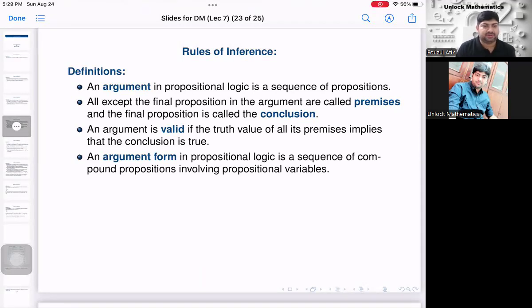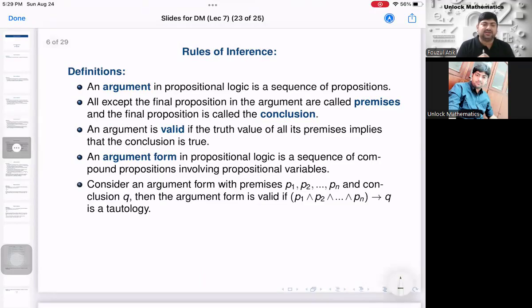I'll show you an example. And then an argument is valid if the truth of all its premises implies the conclusion is true. An argument form in propositional logic is a sequence of compound propositions involving propositional variables. So this is called an argument form.